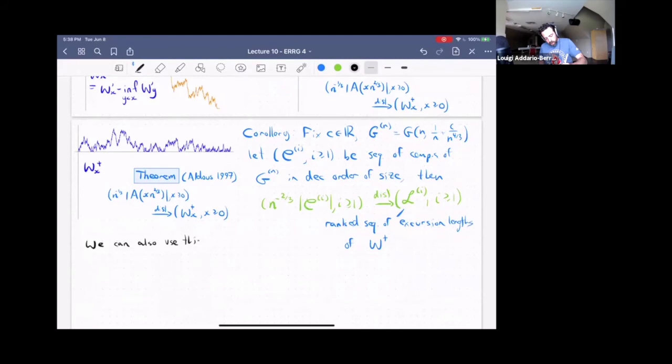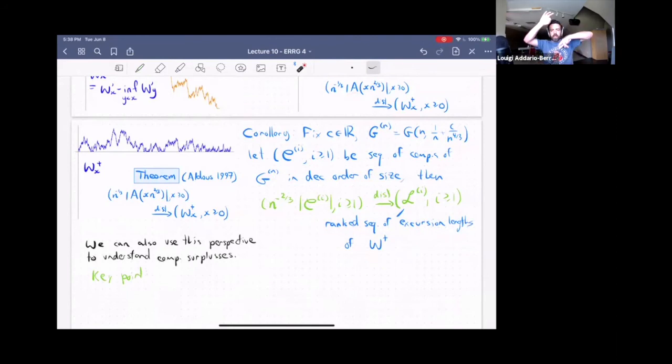So, okay, the key point is that as you go along the exploration process, when you're exploring a vertex VT, you have the vertex you're exploring, and then the set A of active vertices.